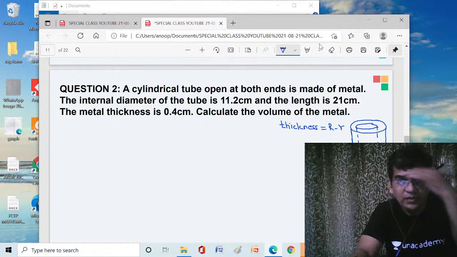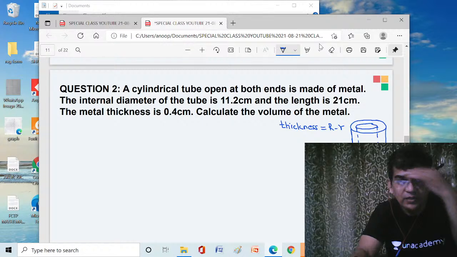So in this way we have calculated the external radius, that is 6 centimeter. See this working, if it's clear to you. So in the thickness formula, capital R minus small r, I have substituted the values for thickness and small r, which are known to me, so I am getting capital R.